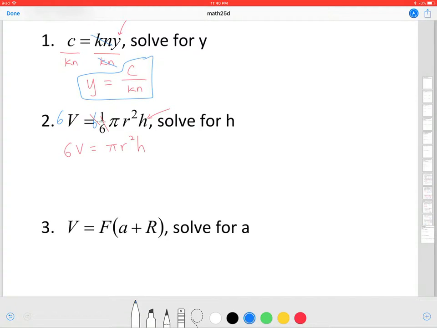I don't want the pi r squared, which are multiplying the h, so I'll simply divide. Now h is isolated, since those will cancel each other out. So h is simply 6v divided by pi r squared. There's our result.